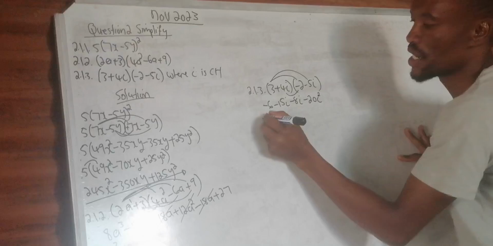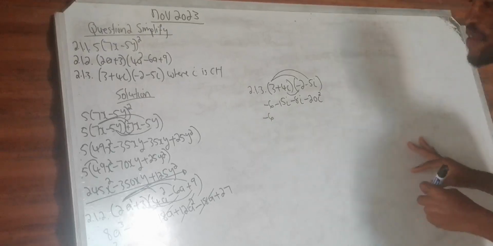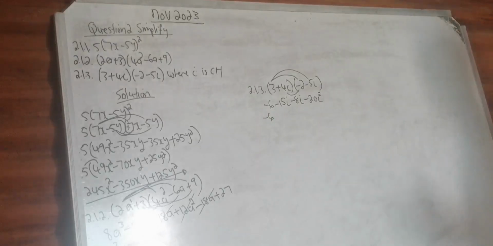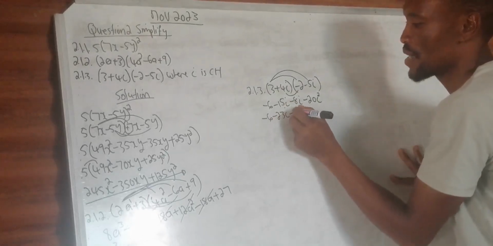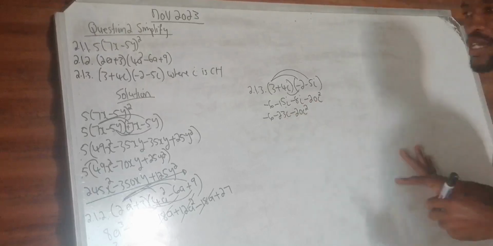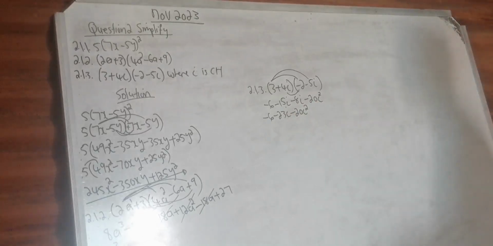Simplify: we have negative 6, minus 15i minus 8i, which is minus 23i, minus 20i squared. Because 15 plus 8 is 23.